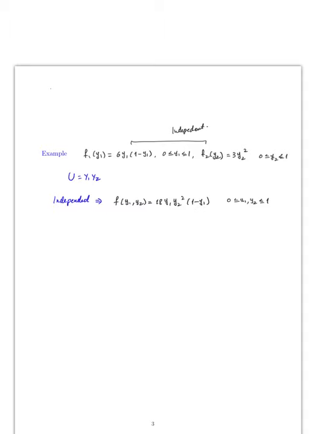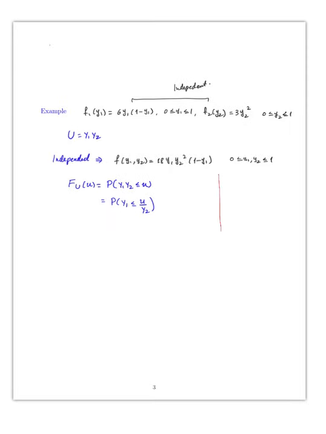Right, so therefore we need to find F of u. So again, this is the probability that y1 times y2 is less than or equal to u, which is the same thing as the probability that y1 is less than or equal to u over y2. Notice that the area of integration is the following. So this is y1, y2.